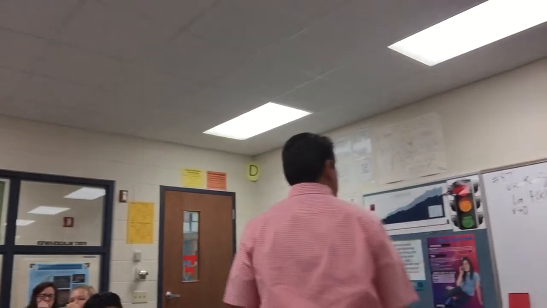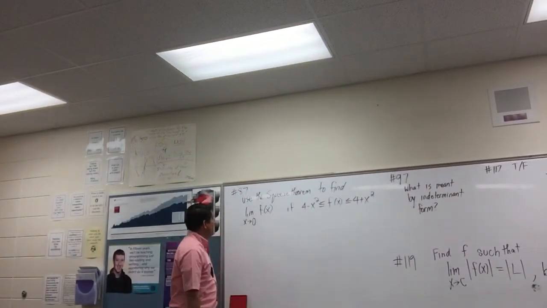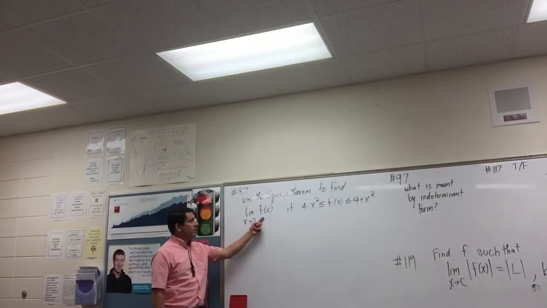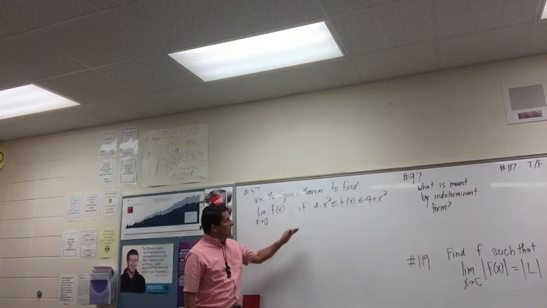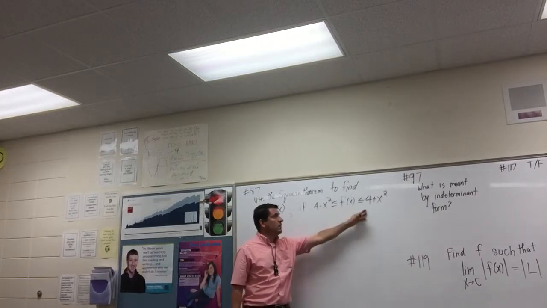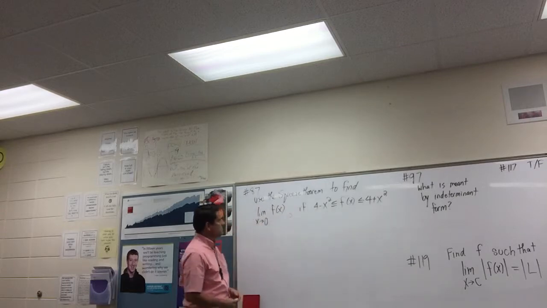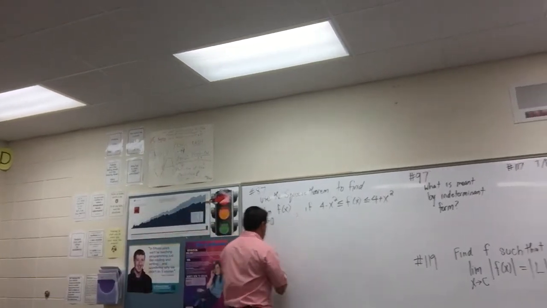Okie doke. Next one. Use the squeeze theorem to find the limit as x approaches 0 of f of x if f of x is in between 4 minus x squared and 4 plus x squared. So, bottom line it.